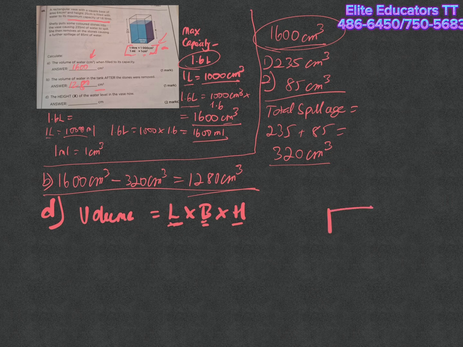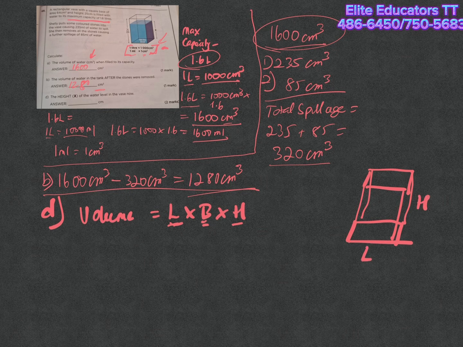So we have this as the base. Actually, no, let me try to draw it as a cube, the eraser. As you guys know, I'm terrible with drawing. So this will connect there, that will connect there, this will connect here, and this will connect here. So let's call this height, this length, and this breadth.